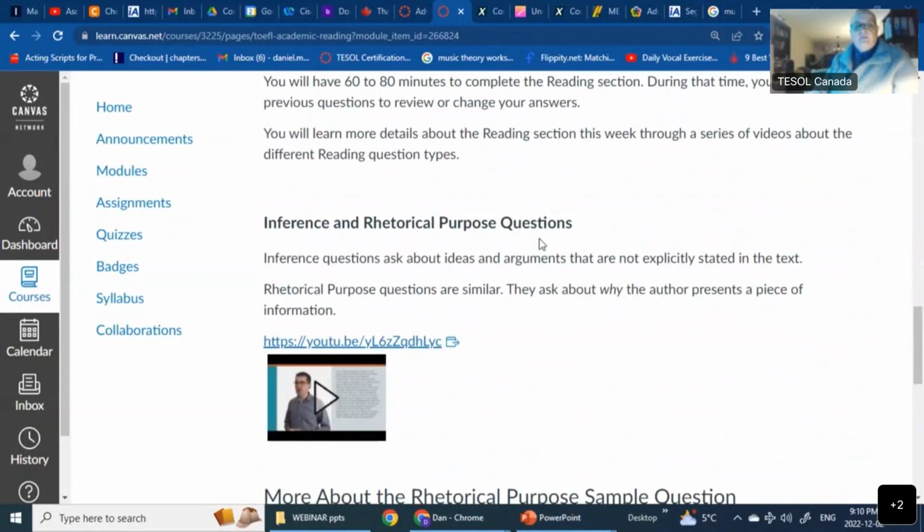In the area of inference and rhetorical purpose questions, inference questions ask about ideas and arguments that are not explicitly stated in the text. Rhetorical purpose questions are similar.